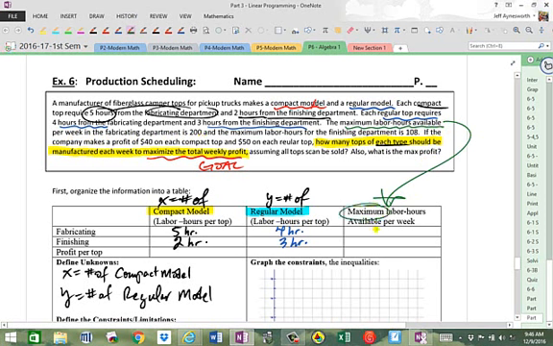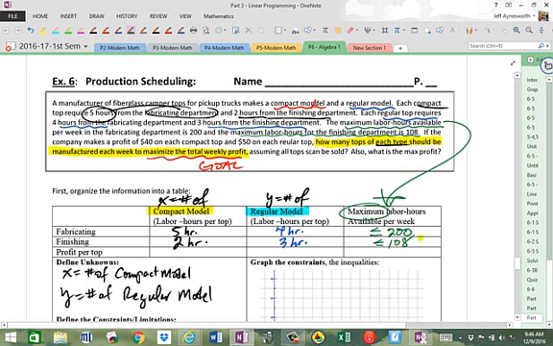If it said minimum, I'd go greater than or equal to. And the maximum labor hours for the finishing department is 108, so it's got to be less than or equal to 108. For finishing, it's less than or equal to 108 hours. For fabricating, it's less than or equal to 200 hours.